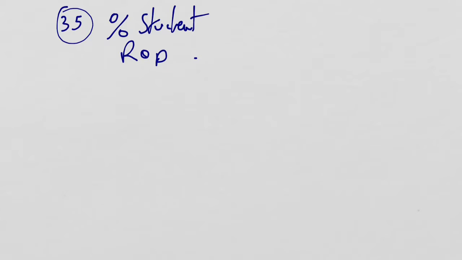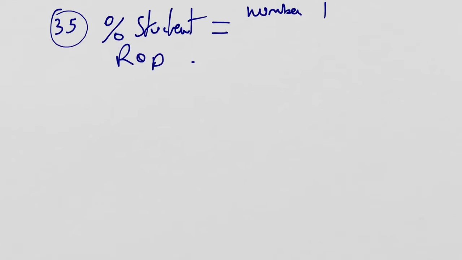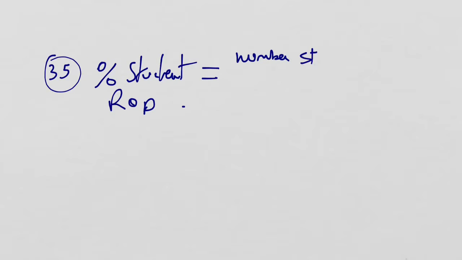The question on problem number 35 is: what percent of students prefer rap music? Well, to find the percent of students who prefer rap, it is the number of students who prefer rap divided by the total number of students.